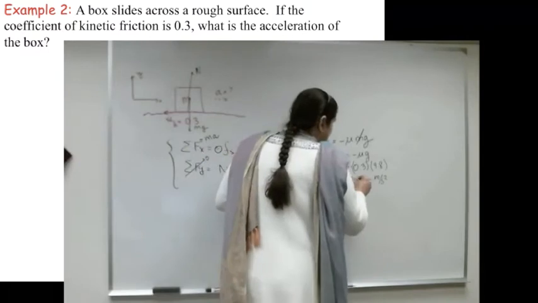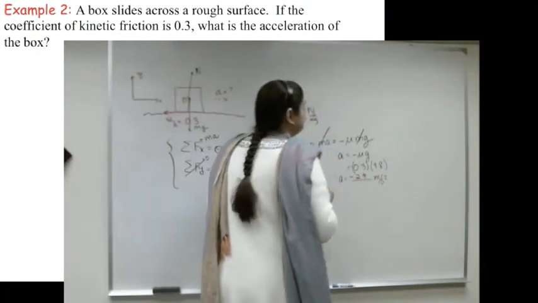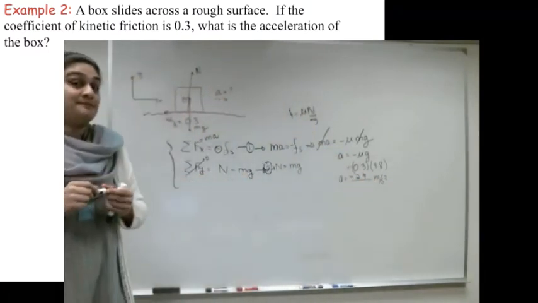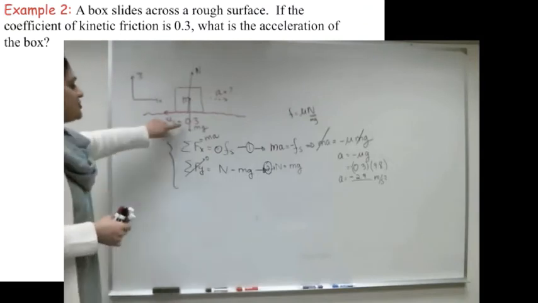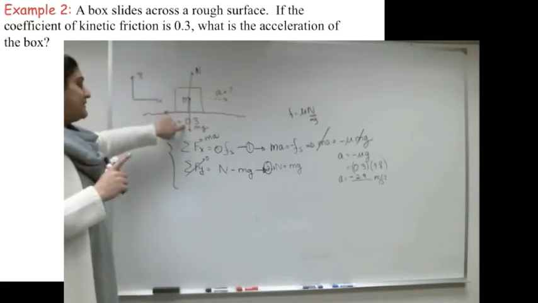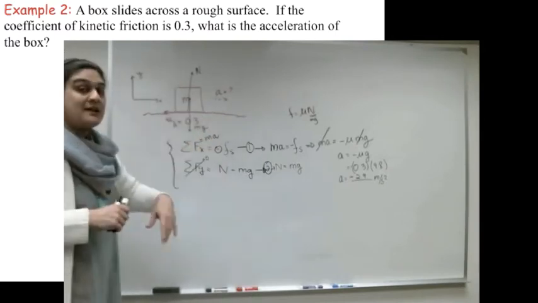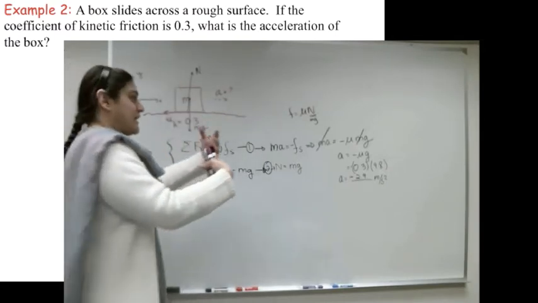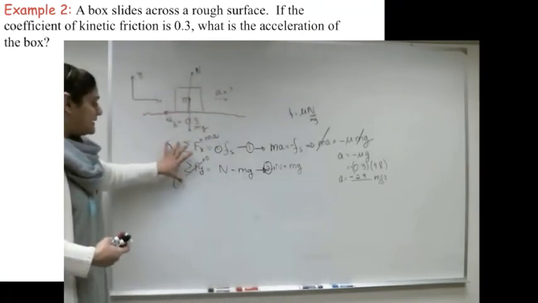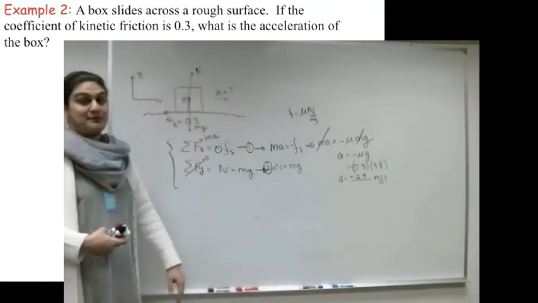I get minus 2.9 meters per second squared. So by just giving me one single number, no mass is given, no acceleration is given, no forces are given, the question tells me what direction to go. As long as I can write these force equations, I can solve these problems.